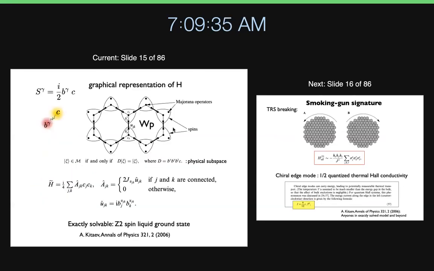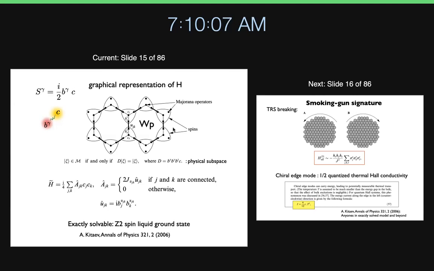And this is Kitaev's original paper. I didn't change the notation, just to represent his own paper here, where the spin is written in terms of two Majorana fermions here, the b and c. One can show that this Hamiltonian is going to be written in terms of this A_ij, which takes the Kitaev coupling, where he writes it as J. So I'm going to just respect his notation up to this slide, and I'm going to use K later on.